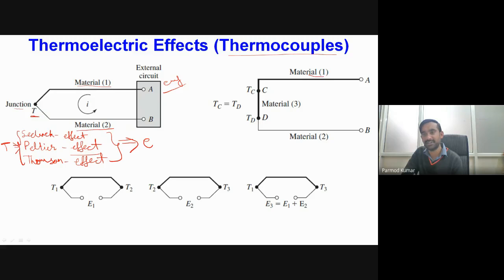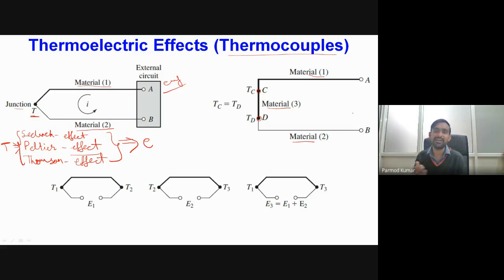So we have material 1 and material 2 as usual, and now instead of making the junction over here, we have used some material 3, which leads to two more connecting points, C and D. If we consider that the temperatures of point C and point D are the same, then whatever output voltage we were getting before, the same output voltage we will get for the same temperature.